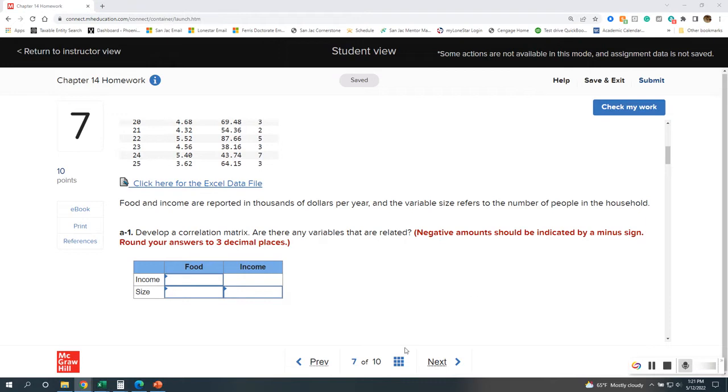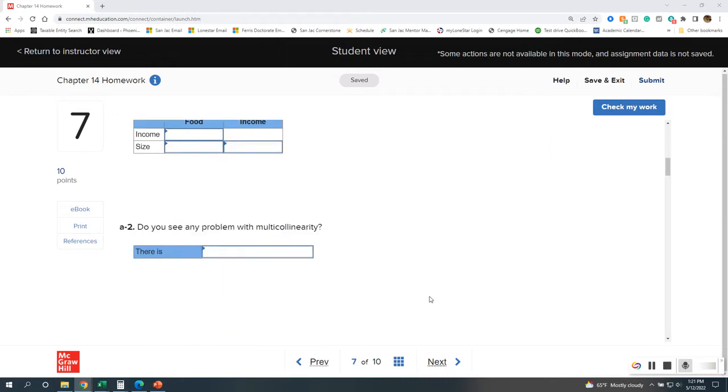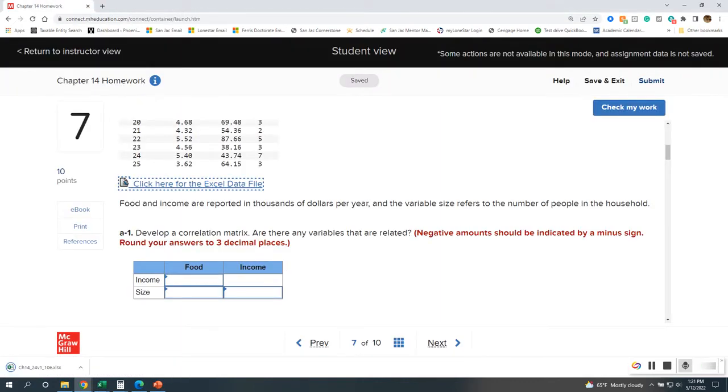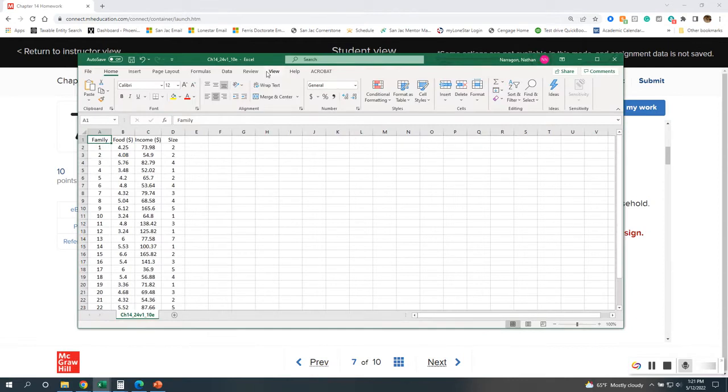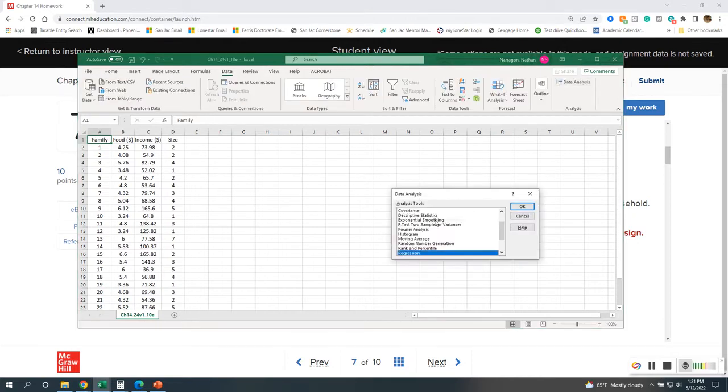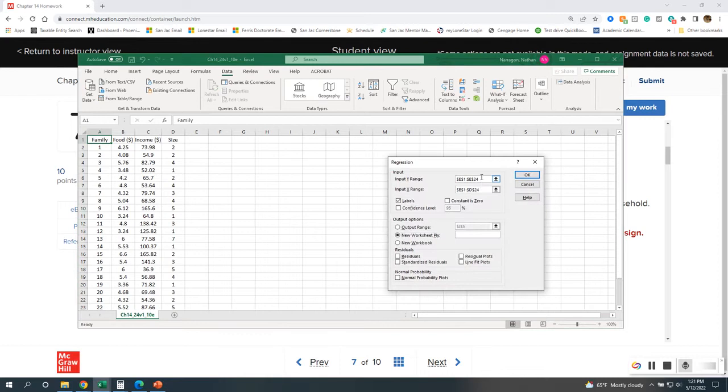So, data. Download. Enable editing. Okay, here we go. So, data analysis, regression.